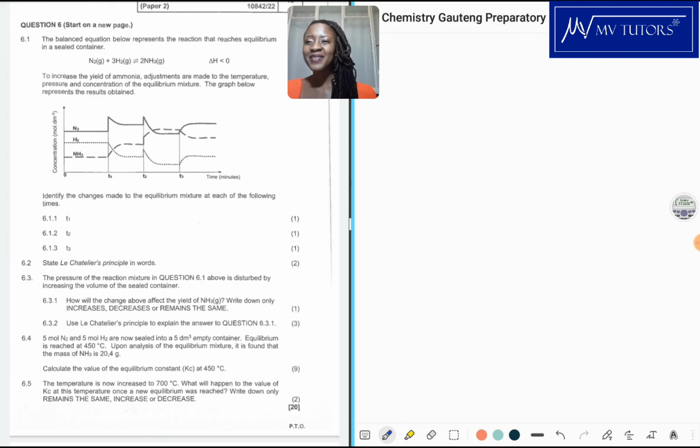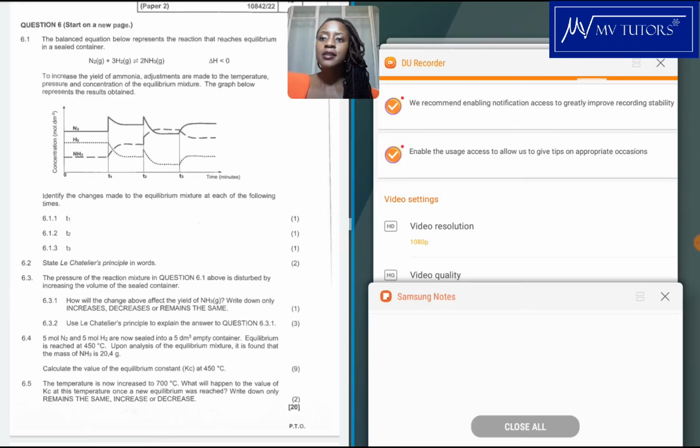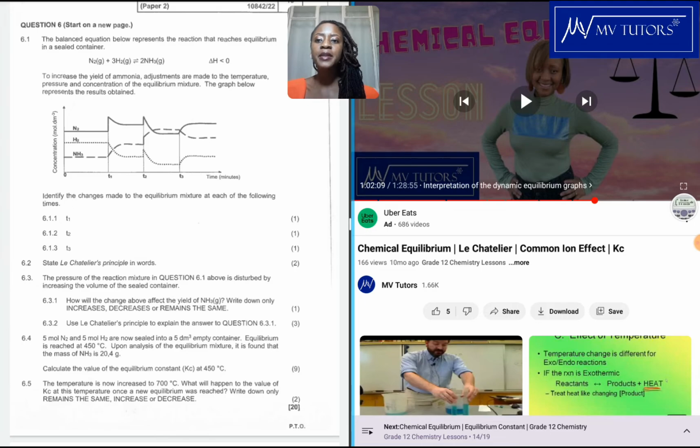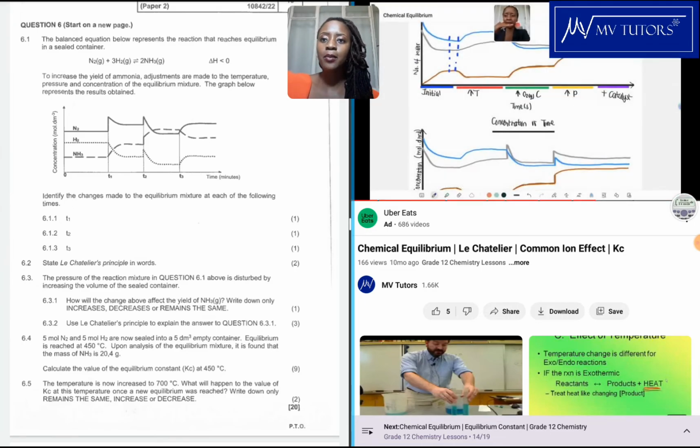So yeah guys, if you're really struggling with this section of interpreting these graphs and how to work them out, please do check out our playlist on chemistry: chemical equilibrium, Le Chatelier, common ion effect, Kc, and so on.